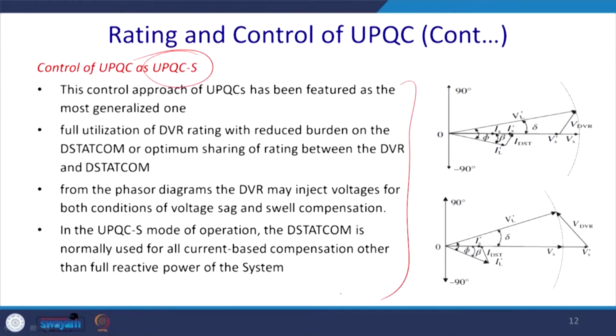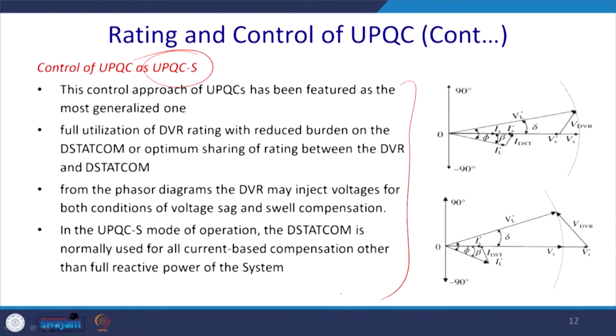But in case of the P, your DVR rating is low, but the D StatCom rating is high. Here you try to optimize the overall KVA rating of the UPQC. So, this is the purpose. Let us discuss what has been written in this slide, thereafter we shall discuss the phasor.